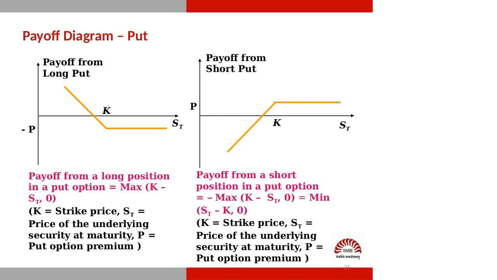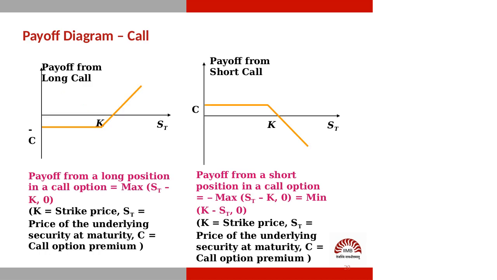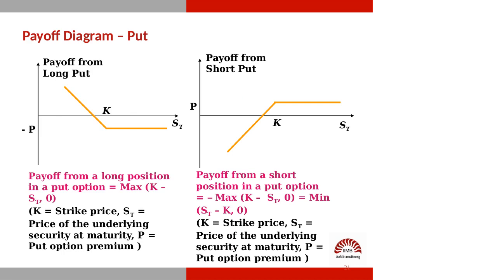The question that I have, and let's see what you have to say, please look at this. In the previous slide, the call option slide, the loss for the writer of the call option is an infinite loss. What is the maximum loss for the writer of a put option?